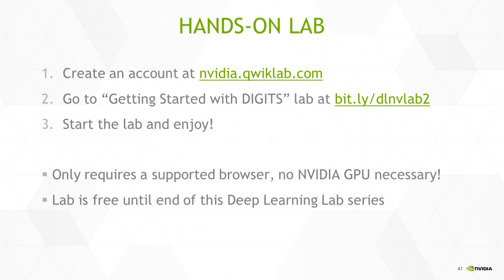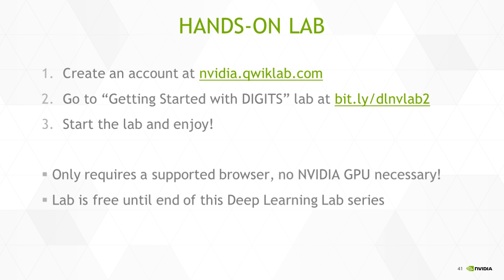So I mentioned the lab earlier in this presentation, and I talked a lot about modifying the network and using DIGITS and how you use DIGITS to optimize your network and test performance. So you can go through this whole process too through a hands-on lab that we're offering.